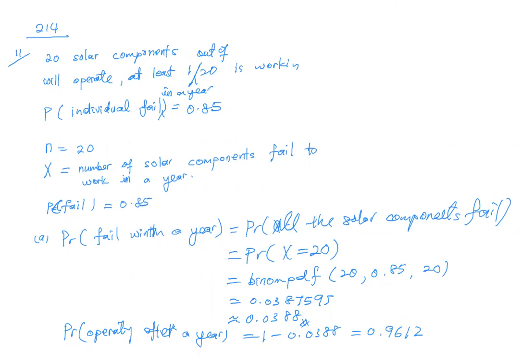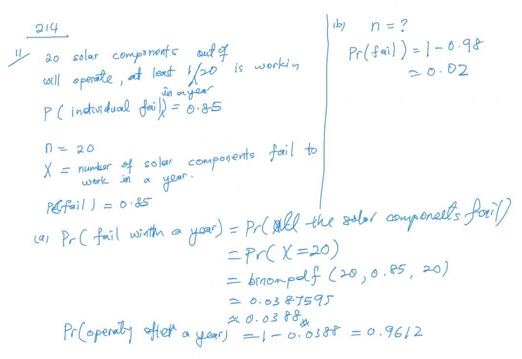So now, if we want to follow this for part B, okay, so now you don't know n, you want to know what is n. Okay, what is n? So that probability of fail is 1 minus 0.98, which is 0.02.